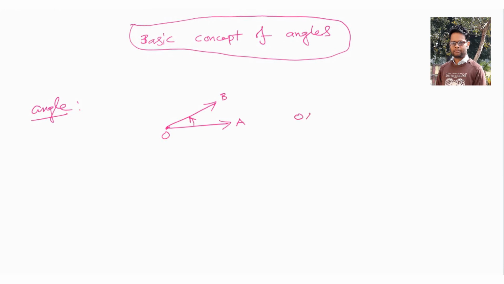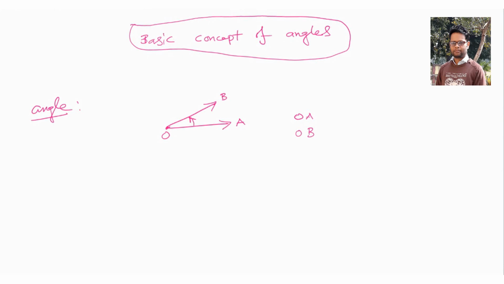Two different rays, OA and OB, both have the same starting point O. In this picture OA is a ray, OB is a ray, O is the starting point or initial point, and they make an angle.